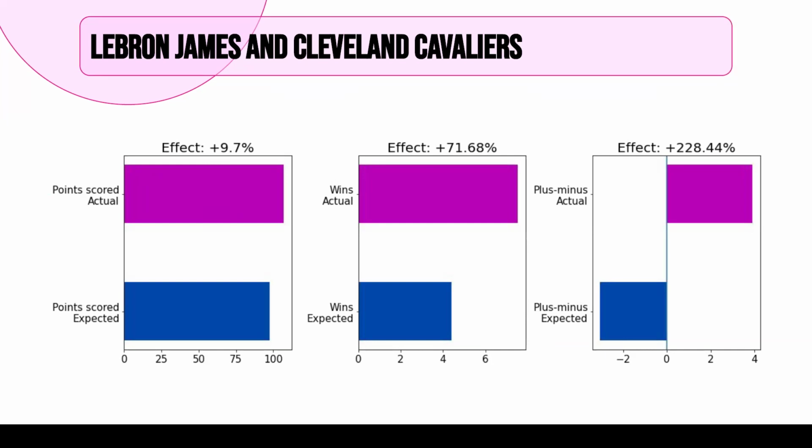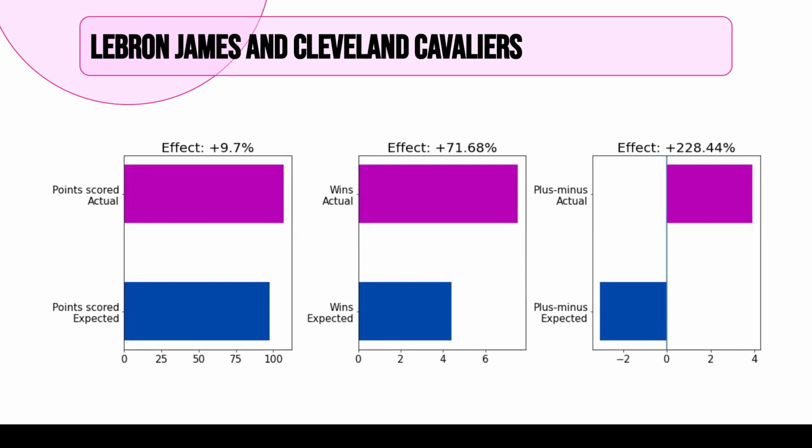But the very interesting thing here is that I also evaluated the effect of LeBron James on the Cleveland Cavaliers related to the plus minus. That is a metric adopted by the NBA to assess how good a lineup is, so let's say how good a team they make against another team.